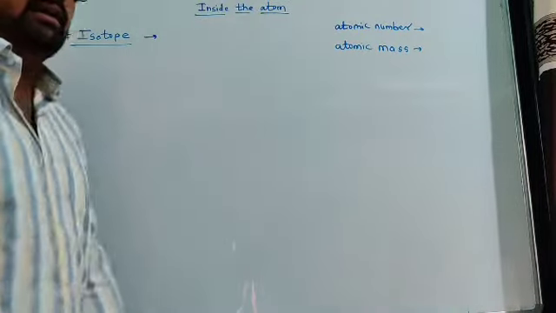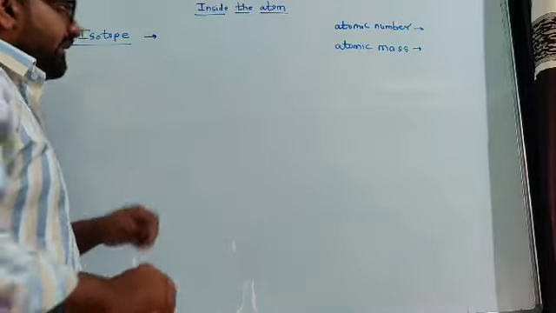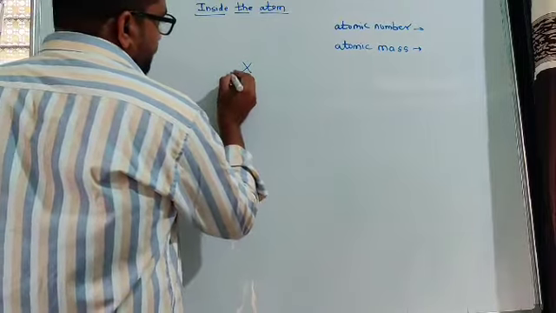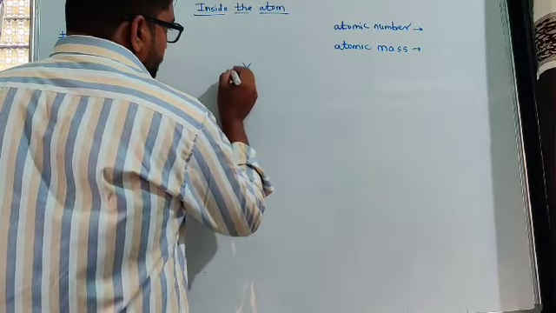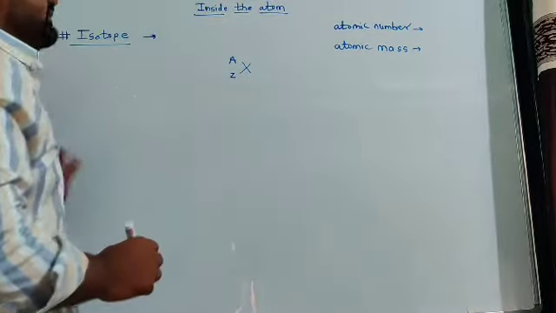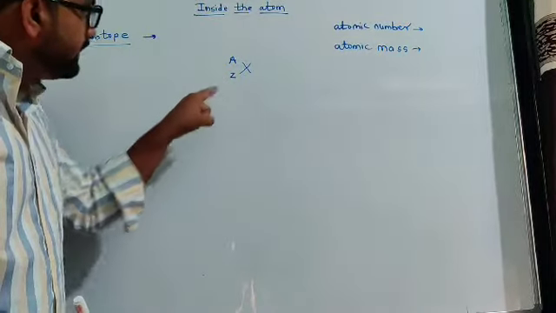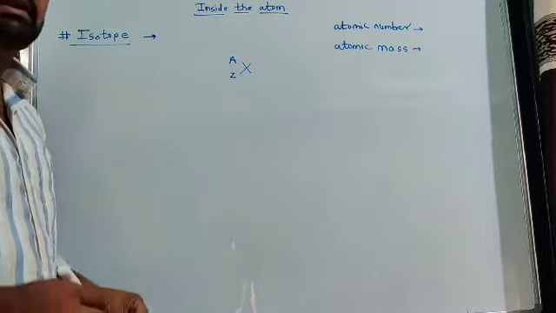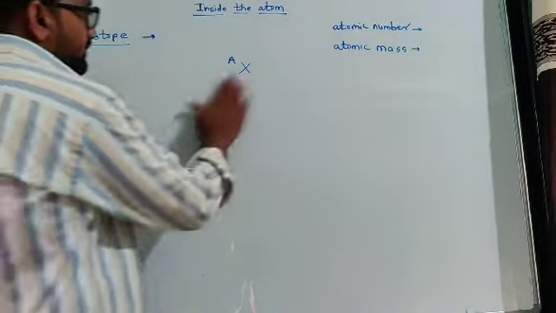Any element we represent like this: X with Z and A. The atomic number of any element is represented by the letter Z, and the mass number is represented by A. We already saw that in the last few topics.